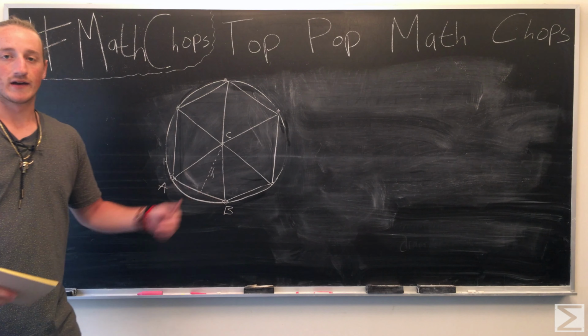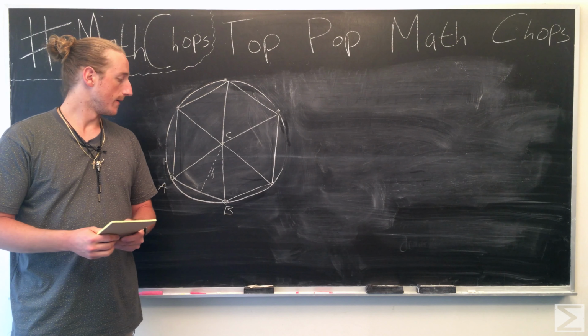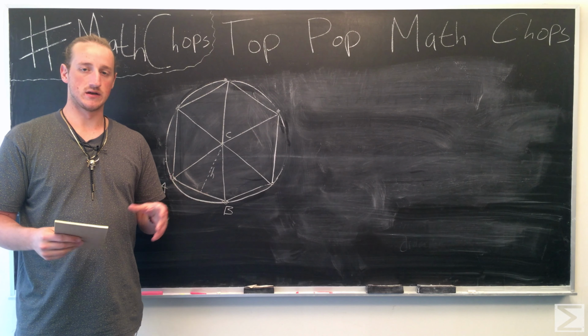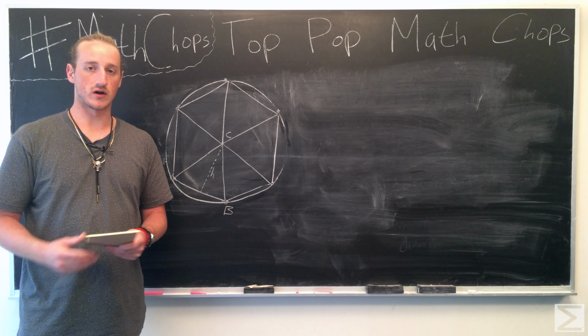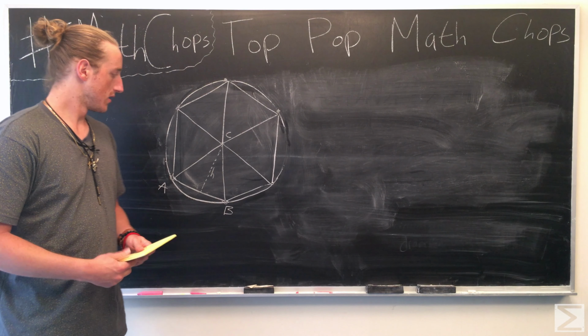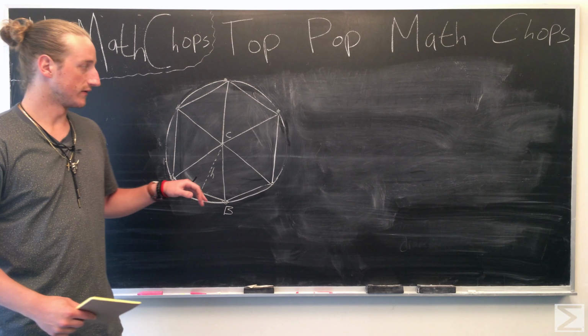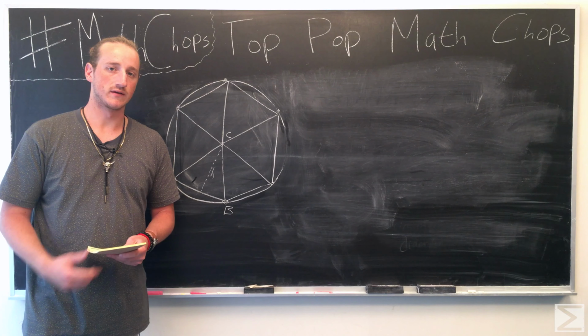So looking at the hexagon within the circle, we can tell it divides into 6 equilateral triangles, which can help us determine the area of the entire hexagon.